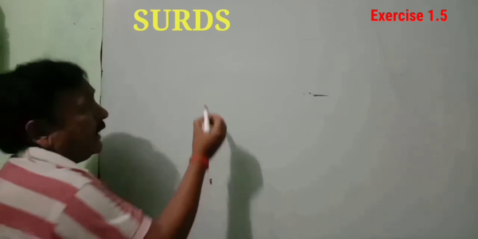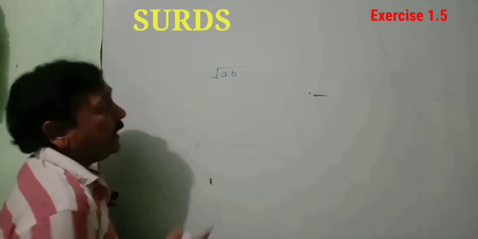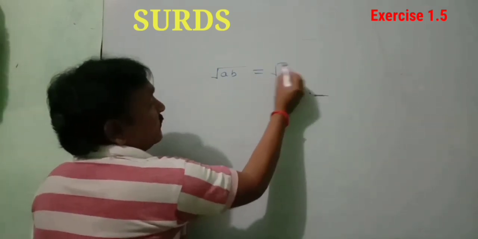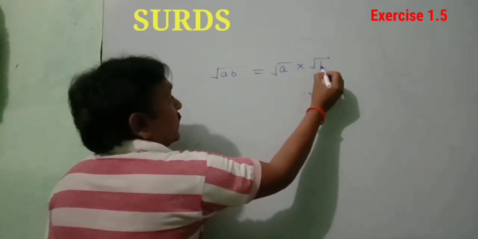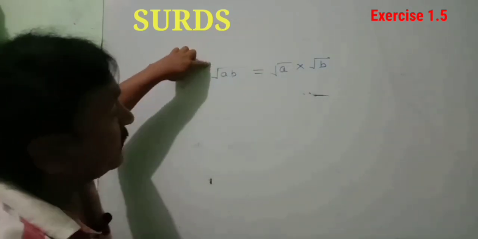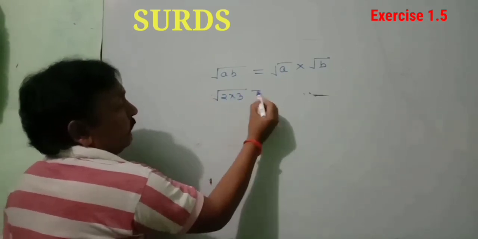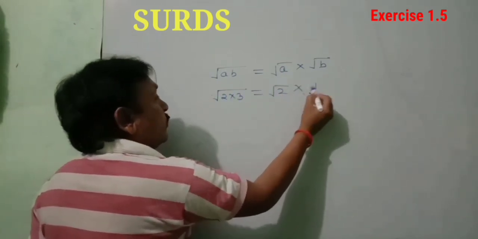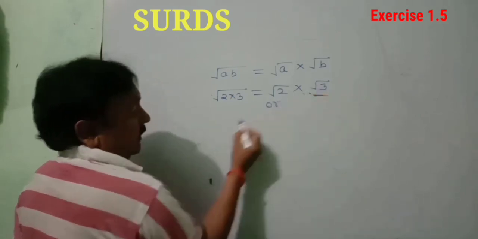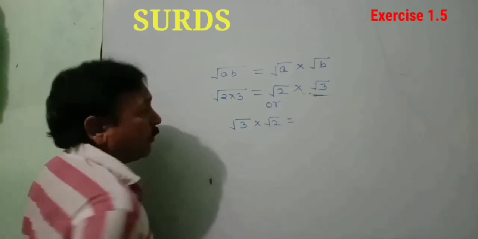Okay, let us try to understand this by the help of some examples. See, if root AB is written, we can write it separately as root A into root B, and we can see it in a reverse way also. Means, if it is root of 2 into 3, we can write root 2 into root 3, or if anywhere root 3 into root 2 is written, then what can we do?